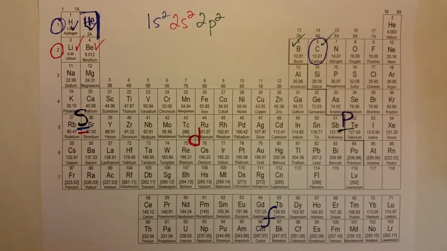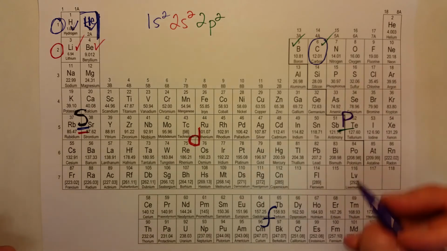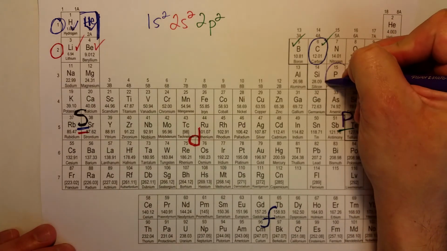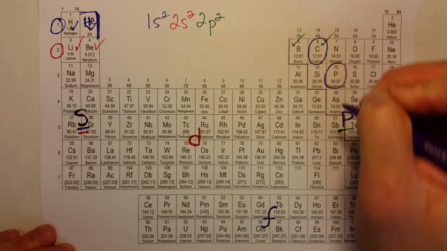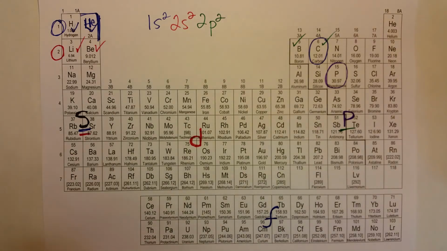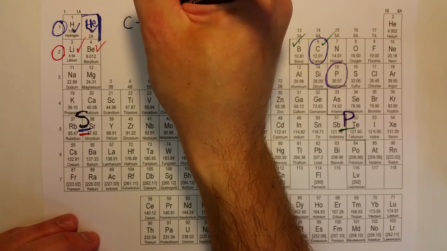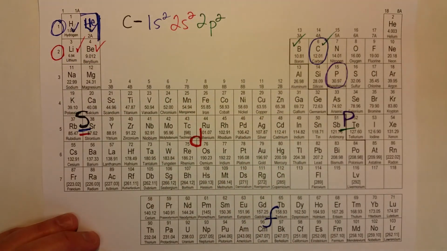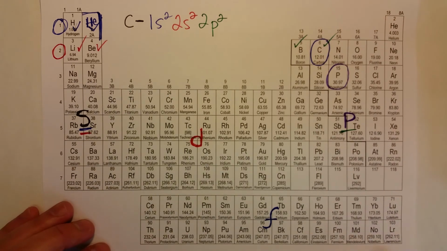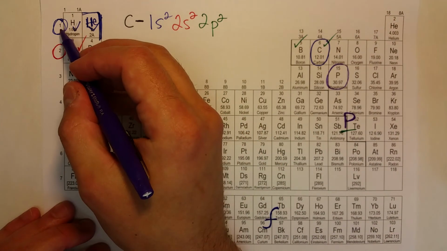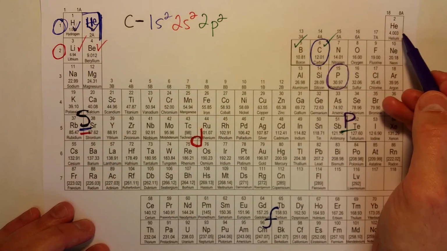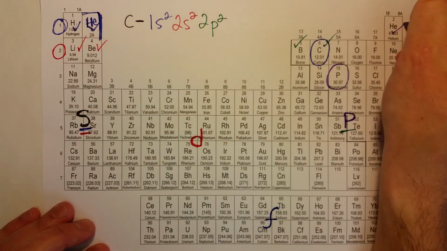Let's do a little bit harder one. Let's do phosphorus. So this was the electron configuration for carbon. The electron configuration for phosphorus would start out the same way: 1s1, 1s2, if I want to use helium over there.